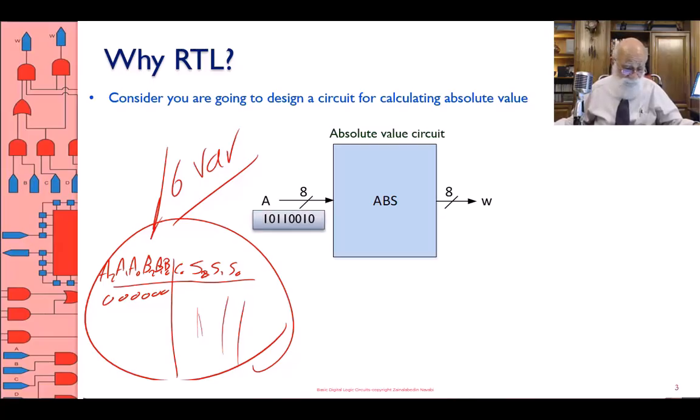An example is this is a negative number because A is 1 on the left hand side, the sign bit of it is 1, and therefore the absolute value becomes what is on the right. Remember how to go from a negative 2's complement number to positive, or the other way around, positive to negative.